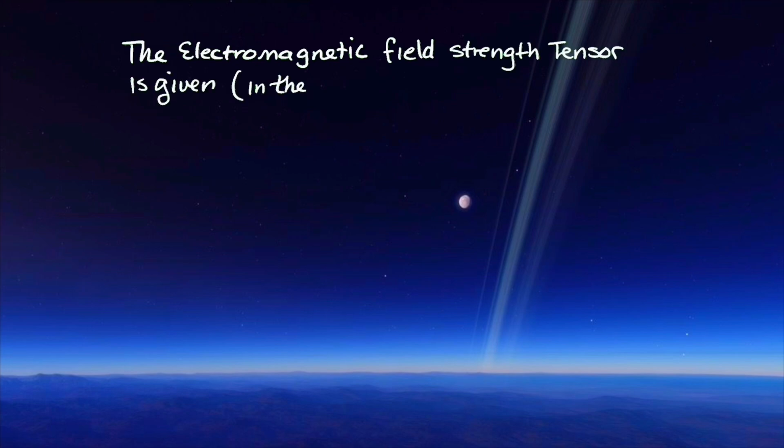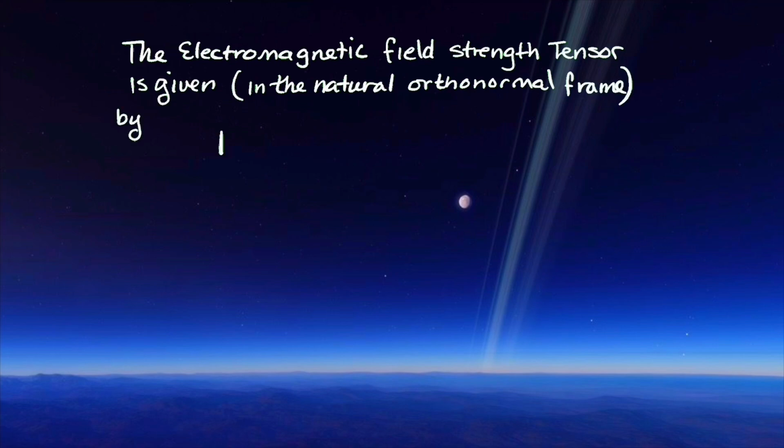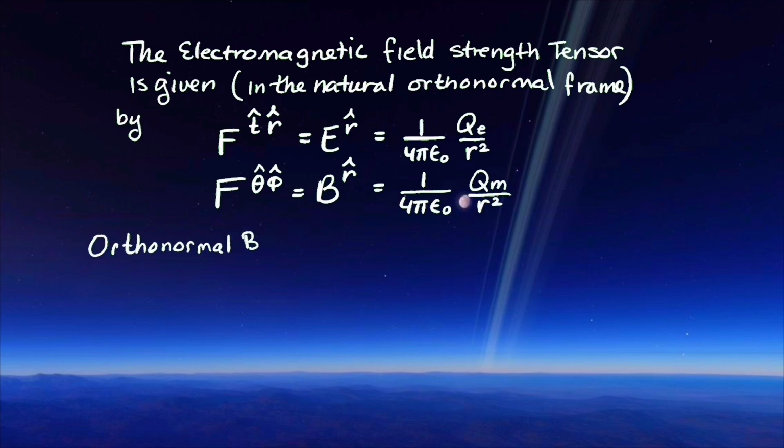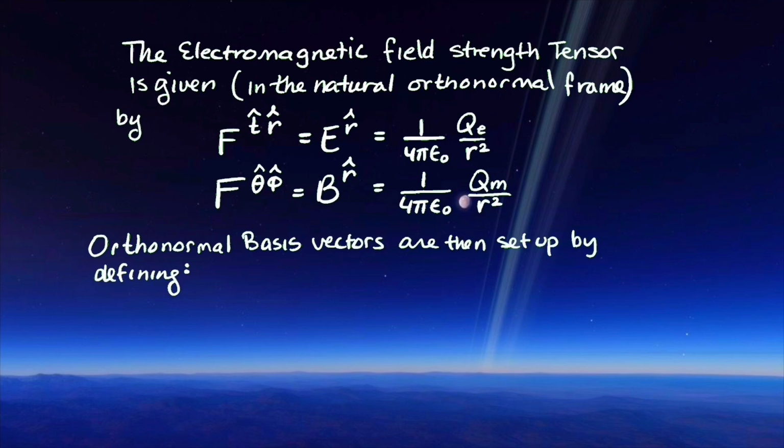The electromagnetic field strength tensor is given in the natural orthonormal frame by the following coordinates, given with little hats. The orthonormal basis vectors are then set up by defining them as follows, involving the metric tensor.